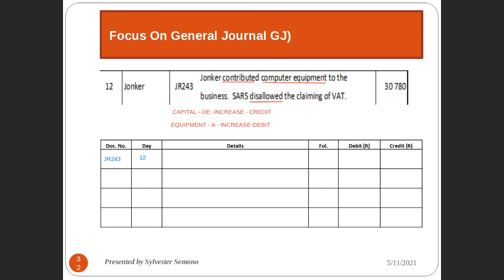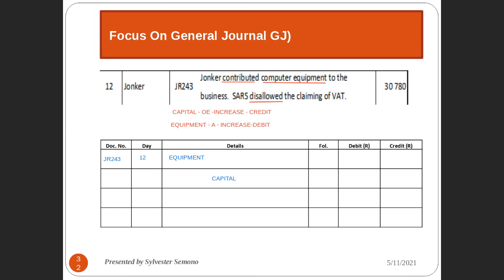Which account must I start with? Thank you so much. We start with the one that has been debited, which is equipment. And then obviously I'm going to credit capital.